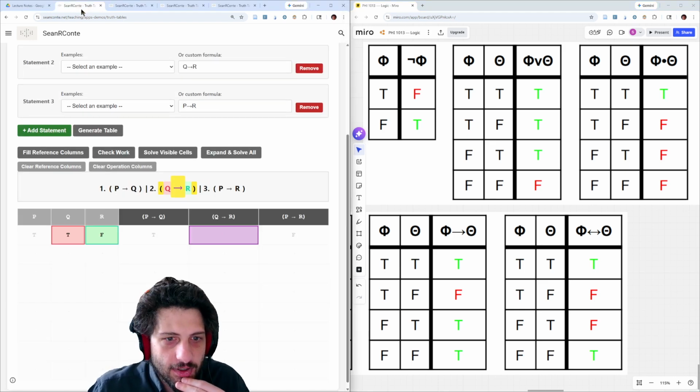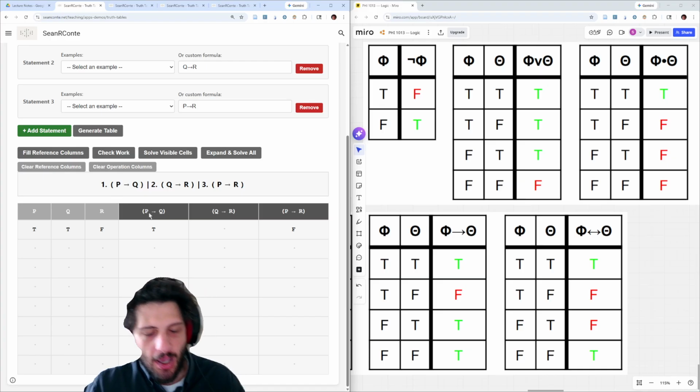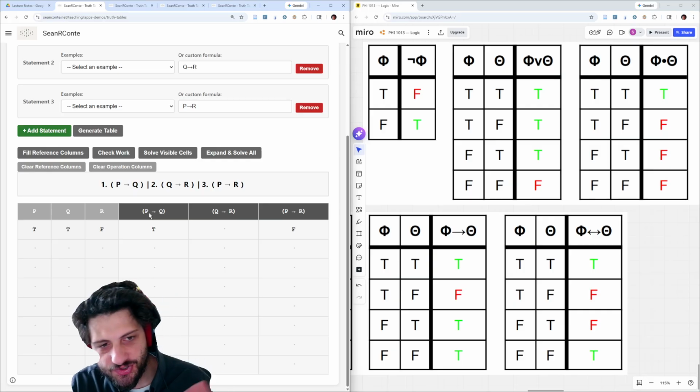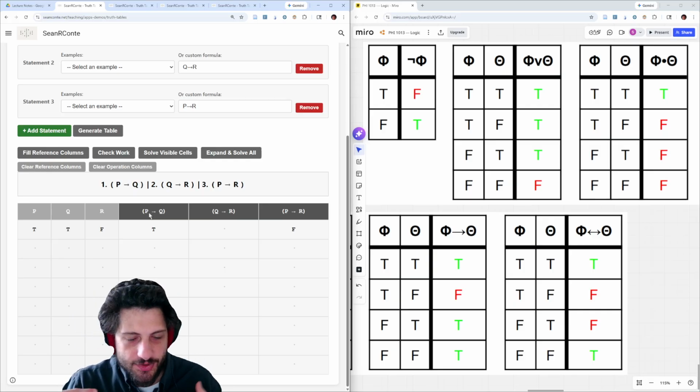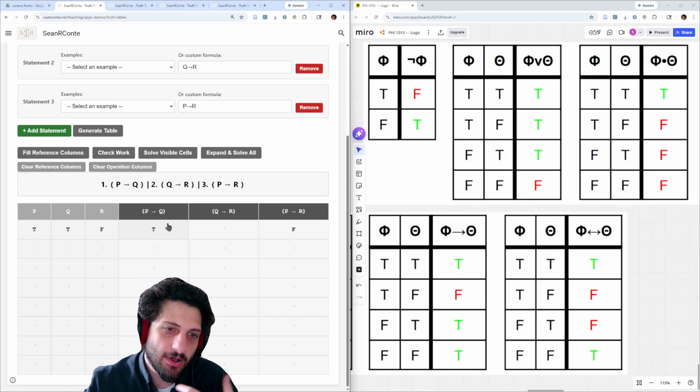So the last argument, let's think about this for a second. It's good to think about these intuitively. It was saying, if P then Q is premise 1, premise 2 is if Q then R, so therefore if P then R. And this honestly should be a bit intuitive.